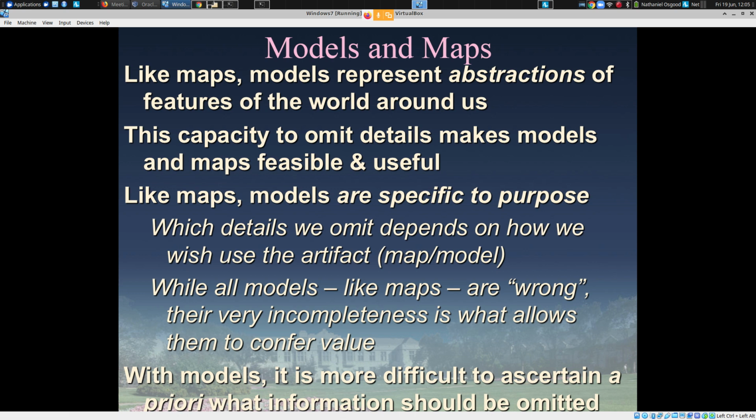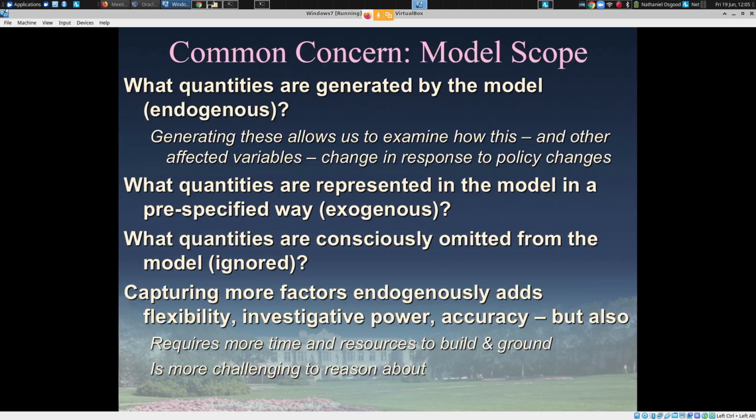The famous statistician George Box once said, all models are wrong, some models are useful. And so it is with maps. Maps are useful for certain purposes. Models are useful for certain purposes. They have incompleteness with respect to even those purposes and with respect to other needs, but they can be very useful for certain purposes.